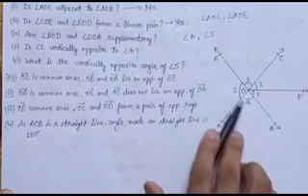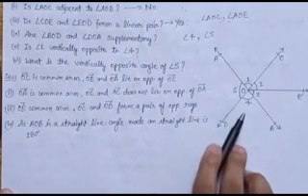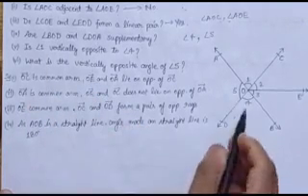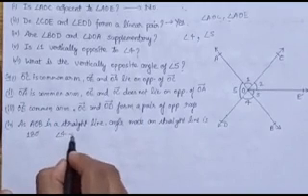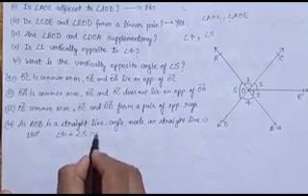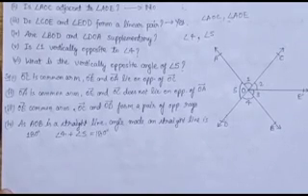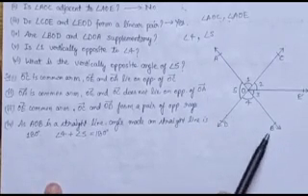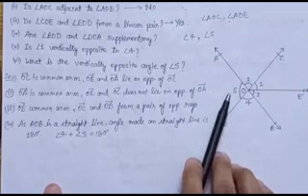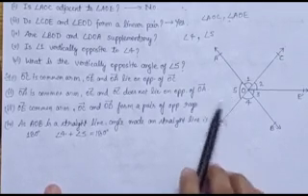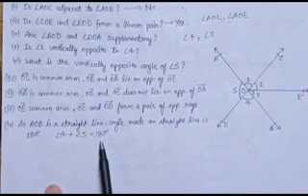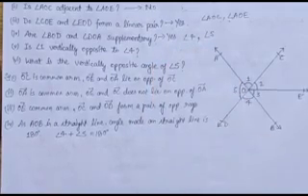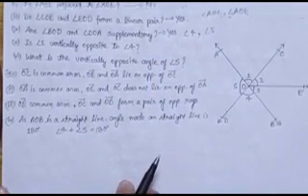The angles made on this line AOB are angle 5 and angle 4, that are asked in the question. So here we can see that angle 4 plus angle 5 is equal to 180 degrees. Hence we can say angle AOD and angle BOD are supplementary because the sum of these two angles is equal to 180 degrees. Hence again our answer is yes. Now let us see the next part.